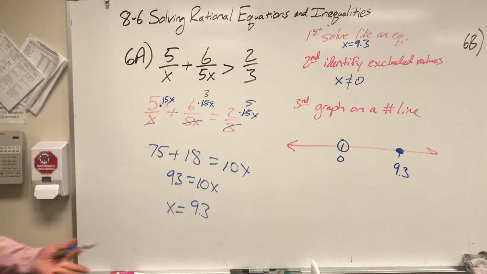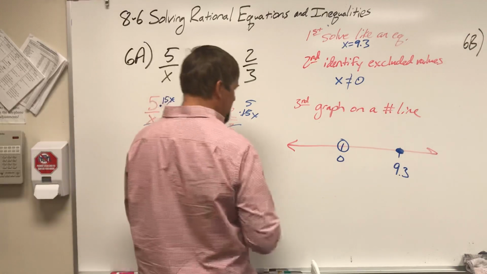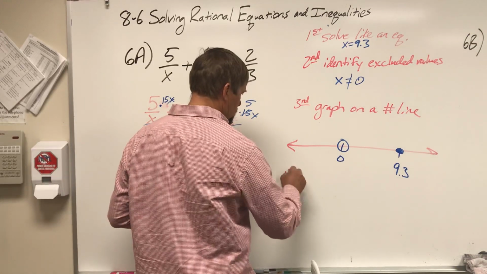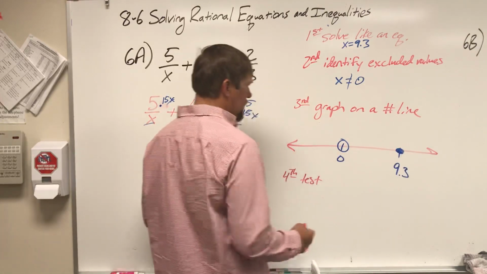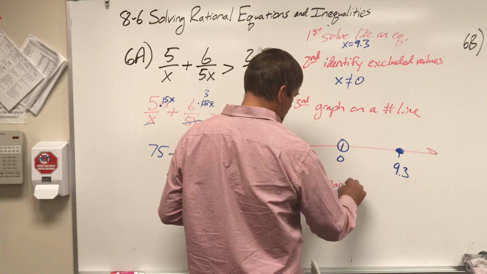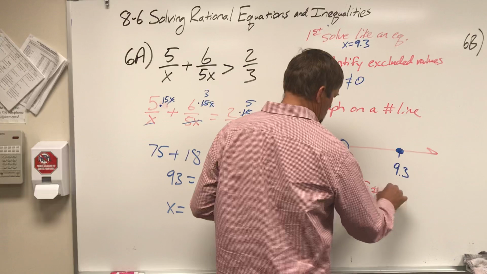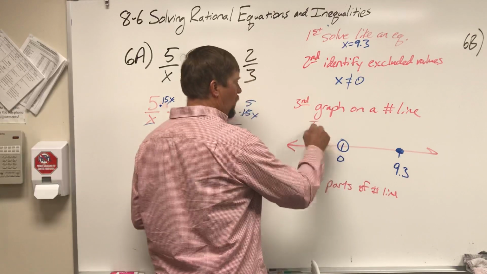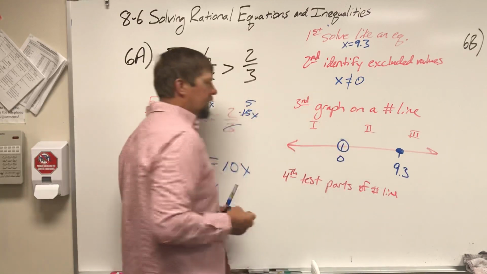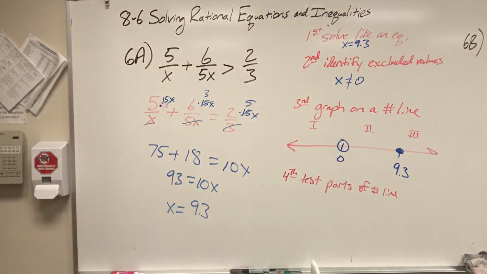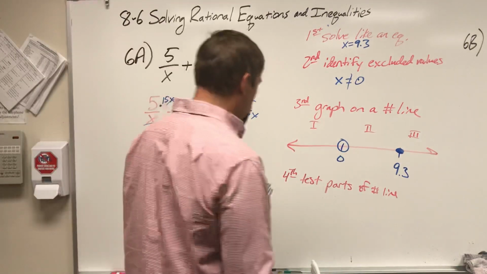Now, we're going to test parts of the number line. So the fourth step is to test each part. In this case, we have 3 parts. We've got the one on the left of 0, the one between 0 and 9.3, and the one on the right side of 9.3.